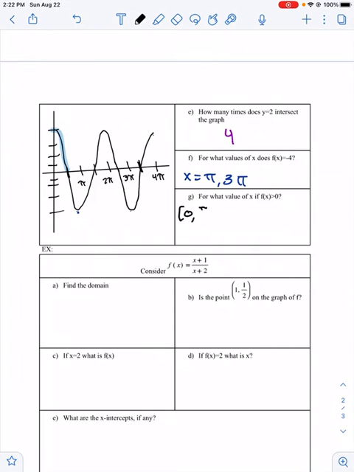Then we have 3 pi over 2 to 5 pi over 2. And then lastly, from 7 pi over 2 to 4 pi.